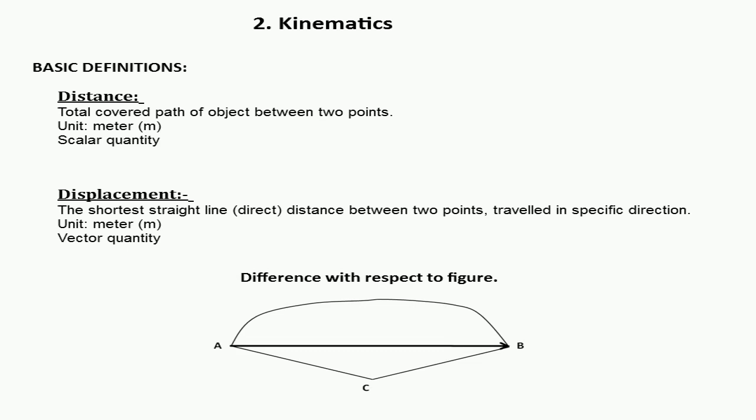The first path is a circular path, that I start from A and go in a circular path to reach position B. The second path is if I start my journey from A, then I go to C and then I go to B. But there is a third path in which I start my journey from position A and move directly toward position B. This journey in which my direction is specified is my displacement, and the other two paths are my distance, because in the other two paths I do not need the direction.